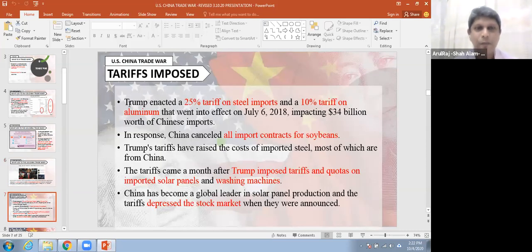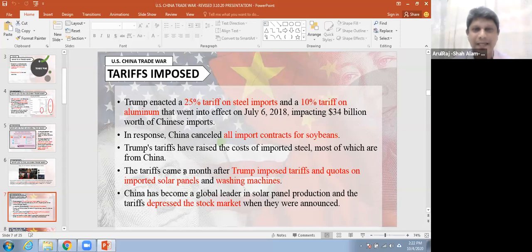But this is where the war begins, the imposing of tariffs. You can see tariffs being imposed, enacted by Trump. Before this, steel and aluminum imports were targeted. Trump imposed tariffs and quotas on imported solar panels and washing machines.